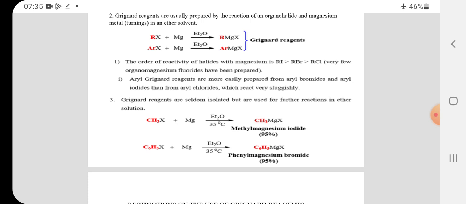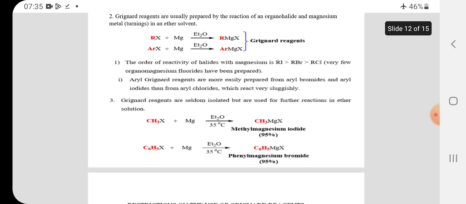Both the alkyl magnesium halide and the aryl magnesium halide are considered Grignard reagents. The order of reactivity of halides with magnesium is alkyl iodide more reactive than alkyl bromide, more reactive than alkyl chloride. Fluorides are very rarely reactive.